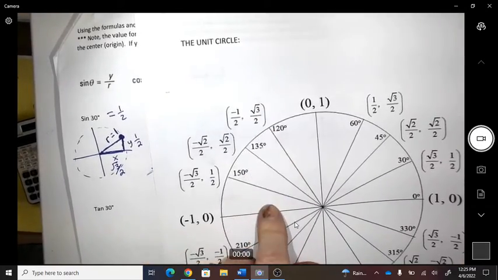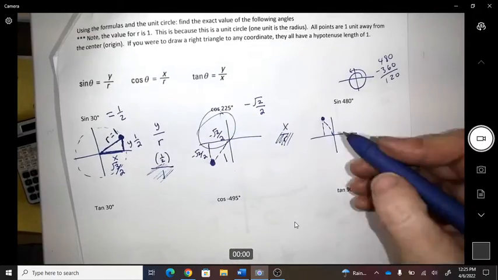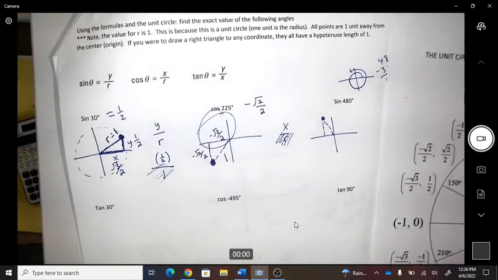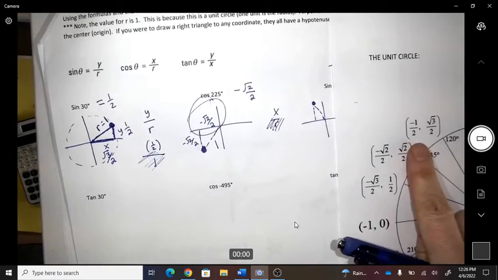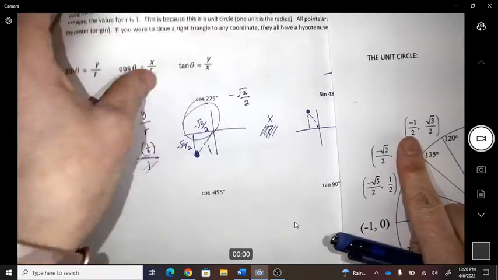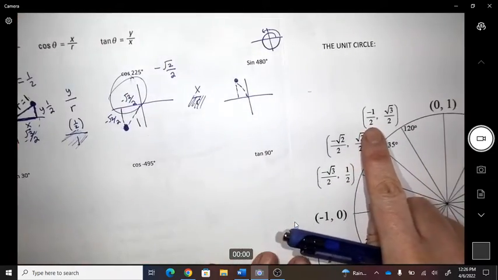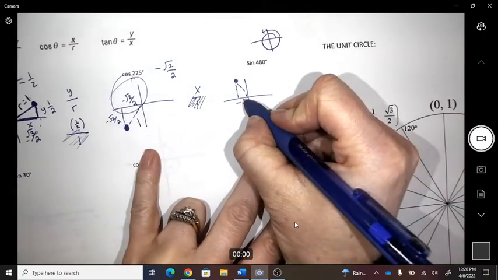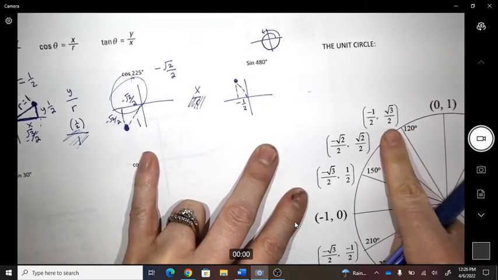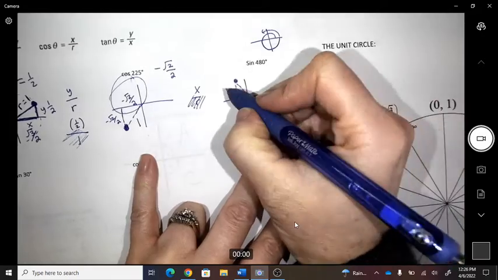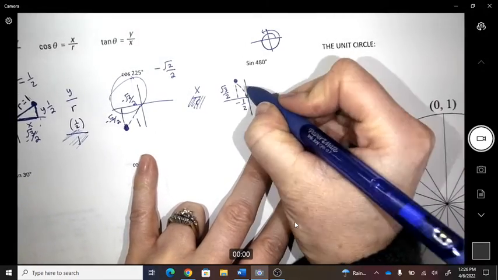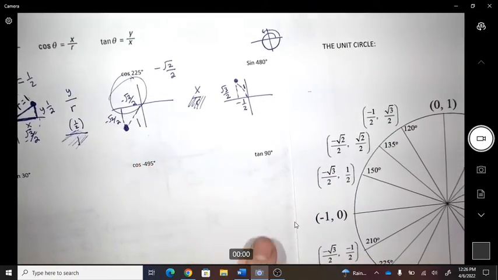So I drew that dot, and I'm going to grab this coordinate. The x value is -1/2. The y value is root 3 over 2, and the r value is 1 because it's on the unit circle. Okay, so yesterday we had to figure out the r because it wasn't on the unit circle.